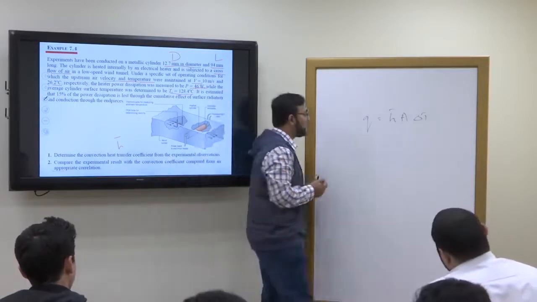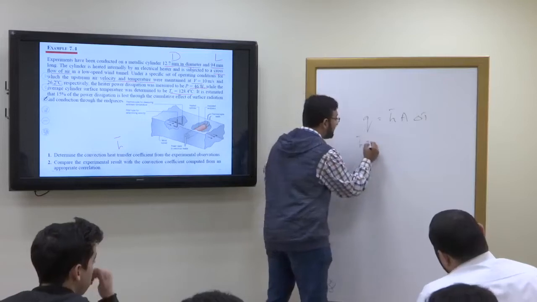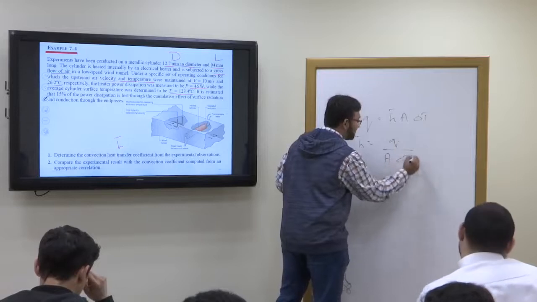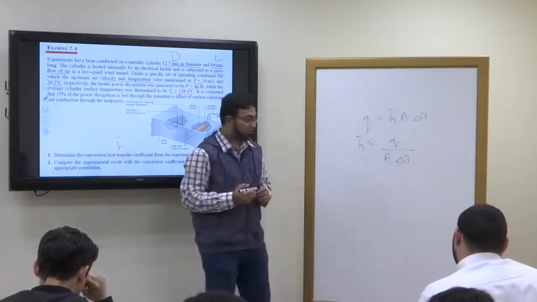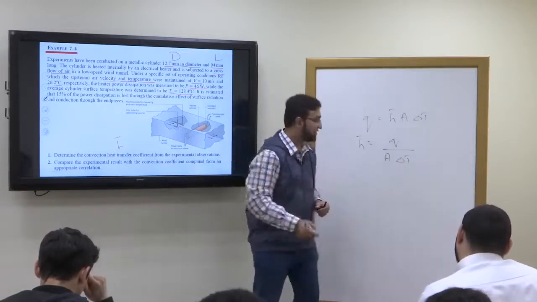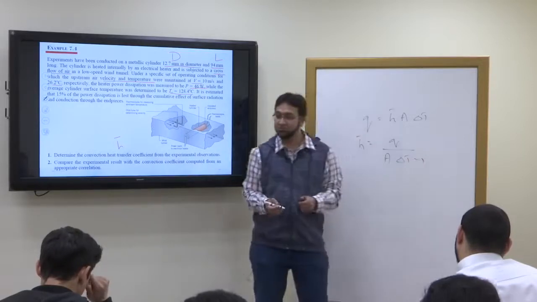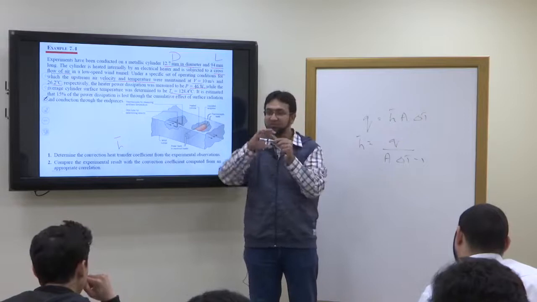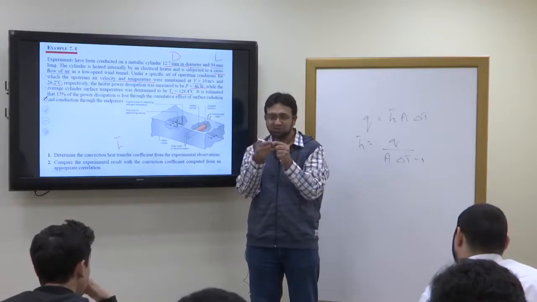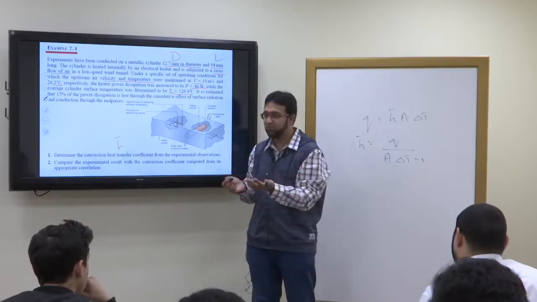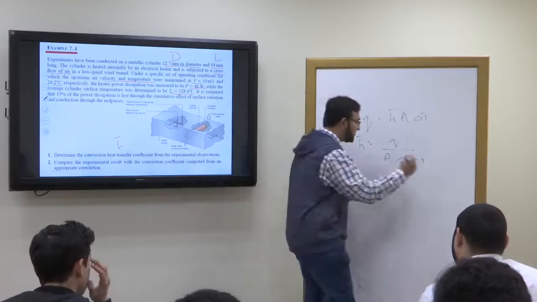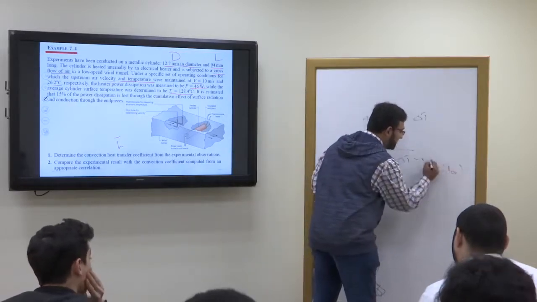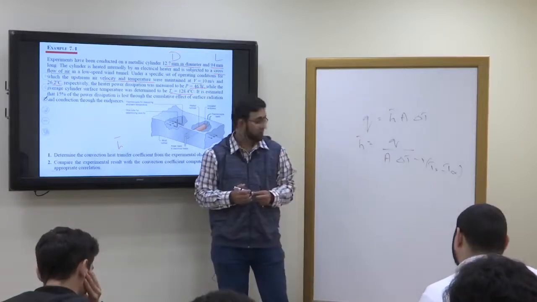So h will be Q upon AΔT. What is the ΔT here? ΔT is the temperature difference. We know the inlet temperature of the air and the temperature of the surface. That's the temperature difference which will cause the heat flow to occur. So ΔT = Ts − T∞.